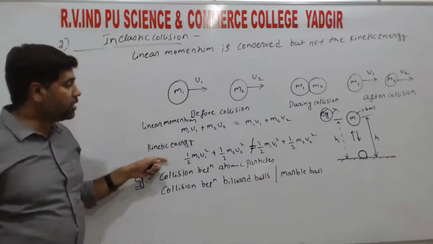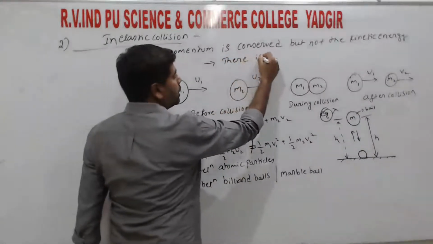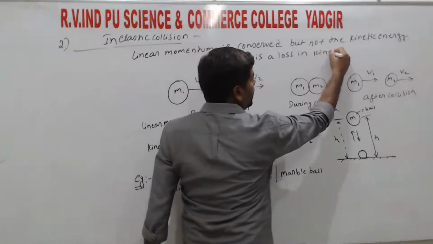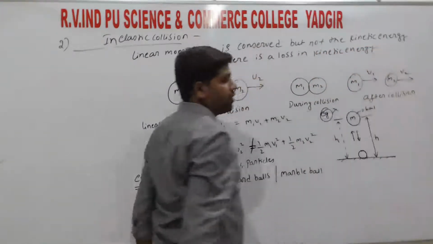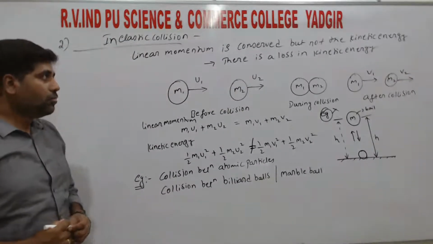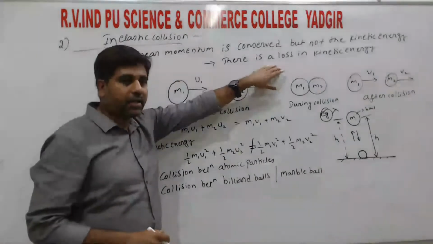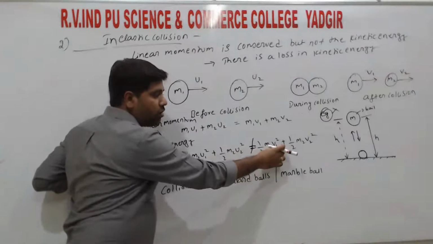So in other words, there is a loss in kinetic energy, right? So in an inelastic collision, there is a loss in kinetic energy, because the kinetic energy before collision is not equal to the kinetic energy after.